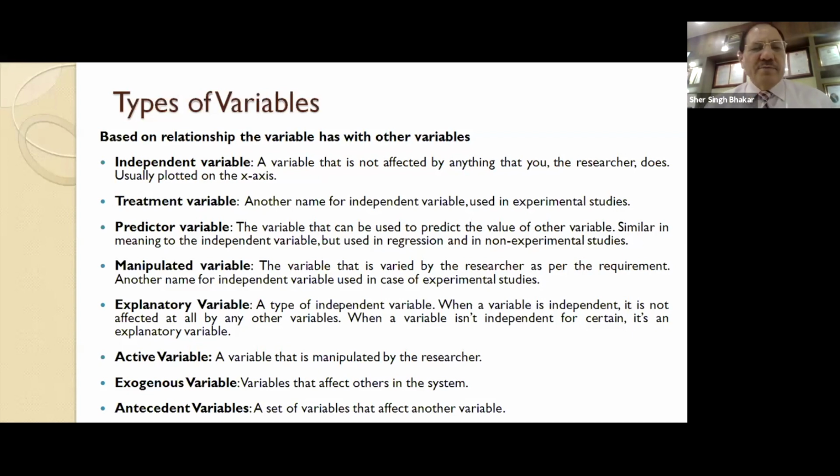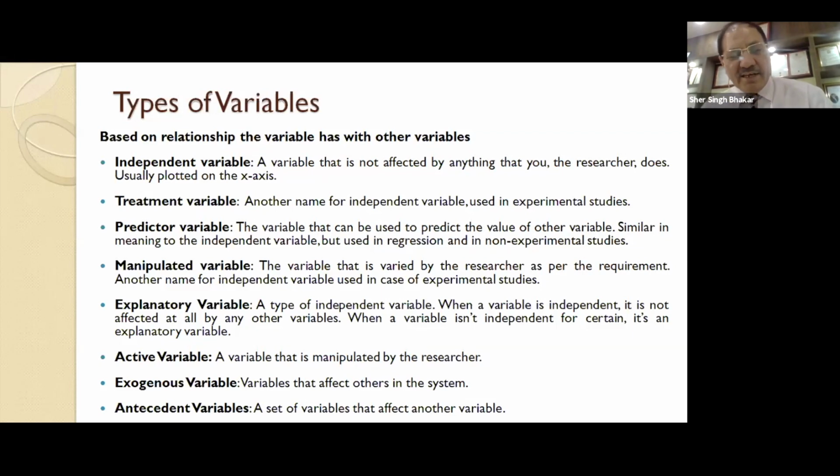The first one is the independent variable: a variable that does not have any other variable affecting it. That means when you draw it as a model, there is no incoming arrow to it. If the arrow indicates that a variable affects the other variable, then if there is no incoming arrow to a variable, we call that an independent variable, the variable that is not affected by any other variable.